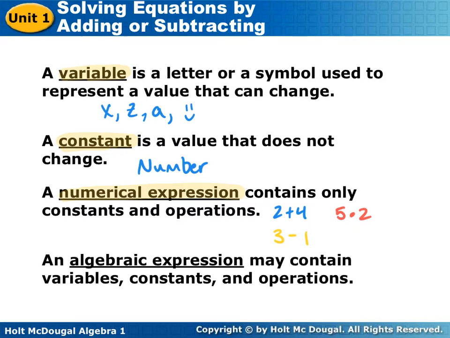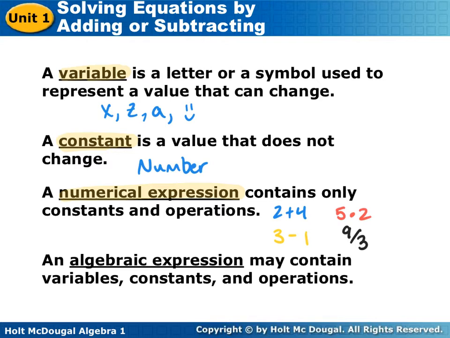And a last one could be 9 divided by 3. Those are all examples of numerical expressions. They are just constants and mathematical operations. I gave you 4 examples there because some of you might have forgotten how many mathematical operations there are. 4: addition, subtraction, multiplication, and division. All of those are there for you.